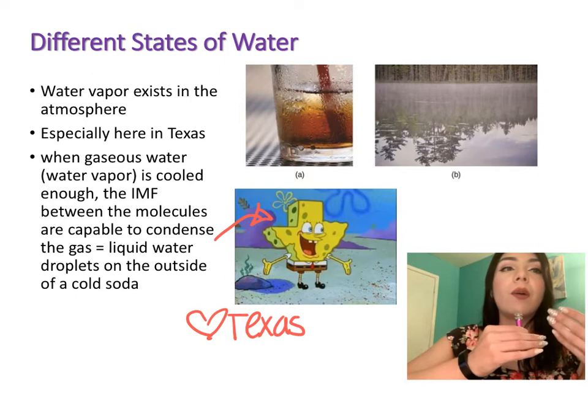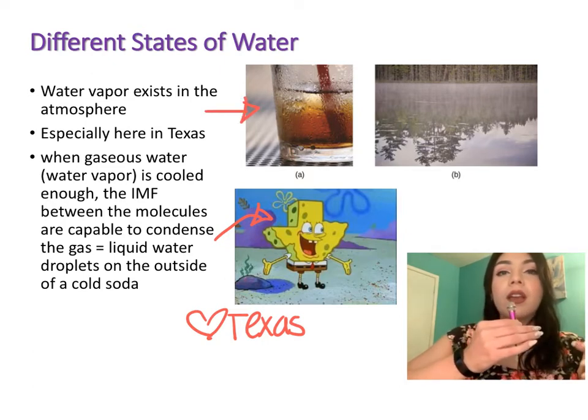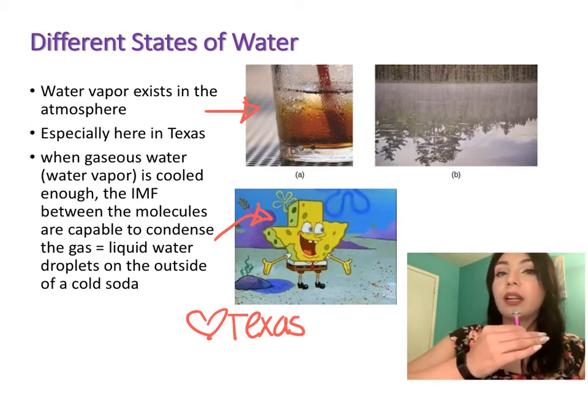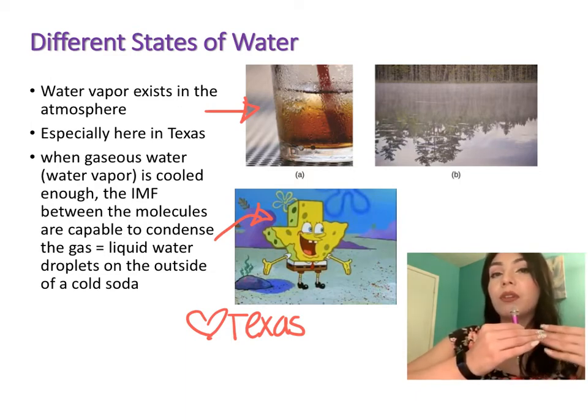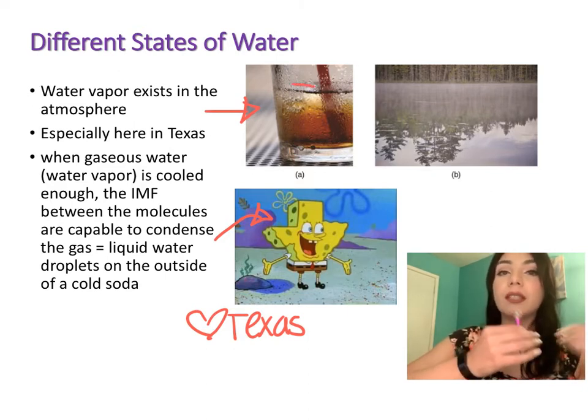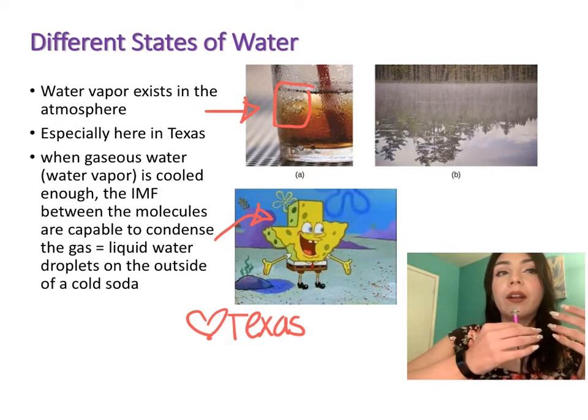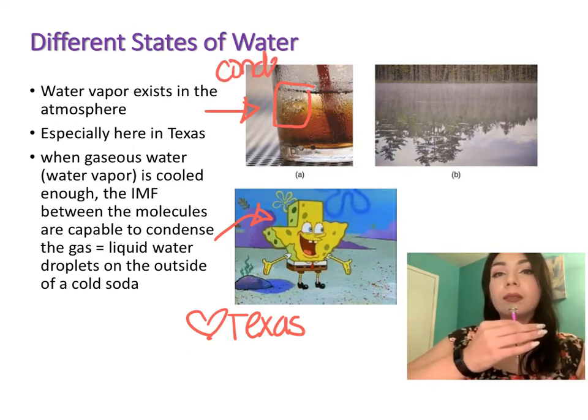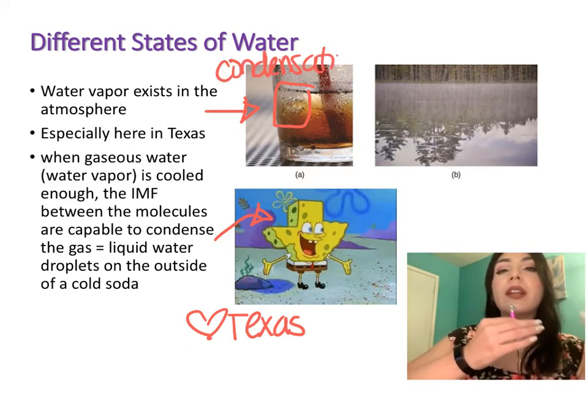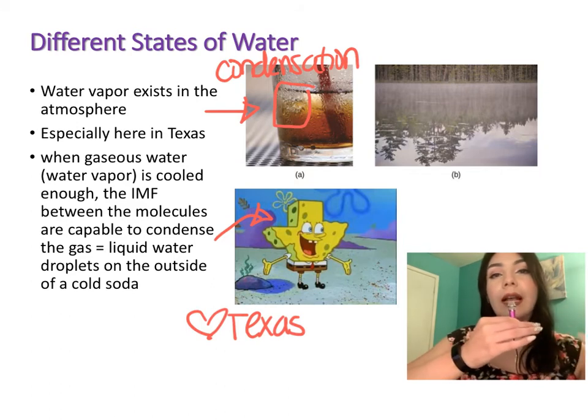And think about when you have a cold glass of soda and you're outside in the hot, the temperature is decreasing, so the kinetic energy is decreasing. So you can't overcome those intermolecular forces. What happens is the water vapor starts condensing wherever that cold is, so you start getting water droplets on the outside of your glass.